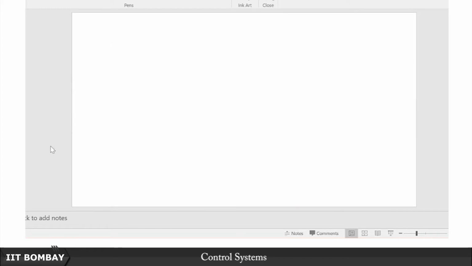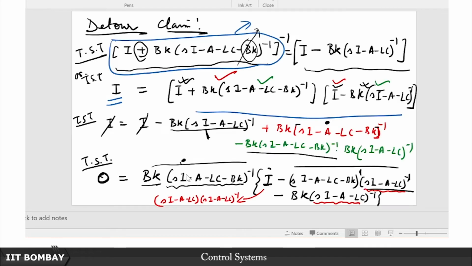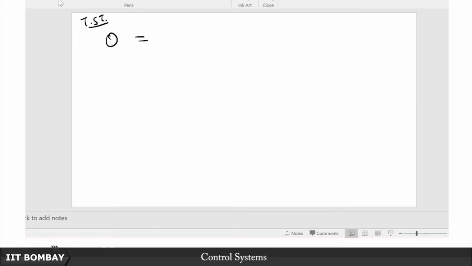So therefore what I am then required to show is that 0 is equal to this, bk times (Si minus A minus Lc minus bk) whole inverse.